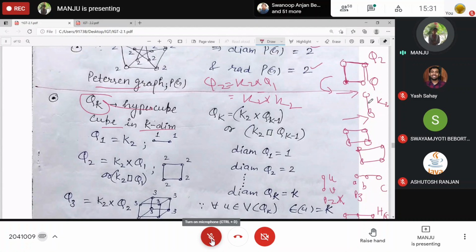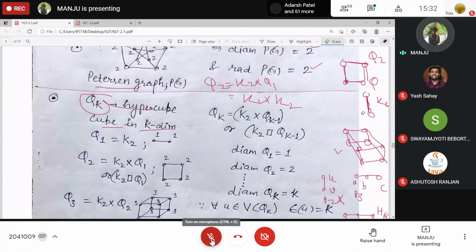And the corresponding vertices will be adjacent if these are adjacent. These are adjacent, that's why these will be adjacent. So you got Q3. Like this, you can also find the cube in 4 dimensions. The cube in 4 dimensions will look like one cube here and one here, and the corresponding adjacent vertices will be adjacent. Are you getting it? Yes, ma'am.